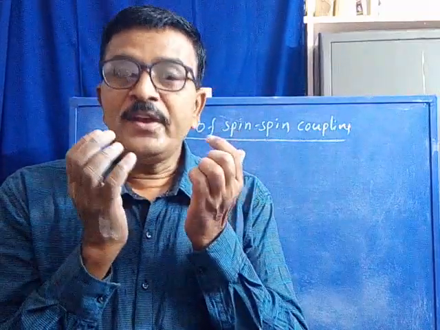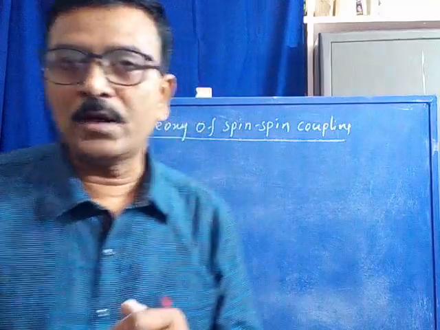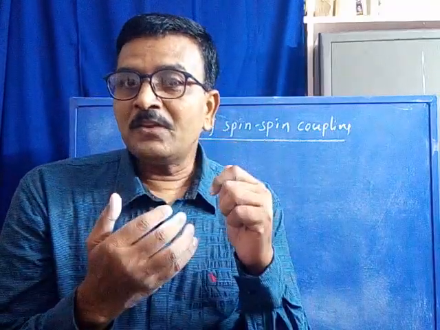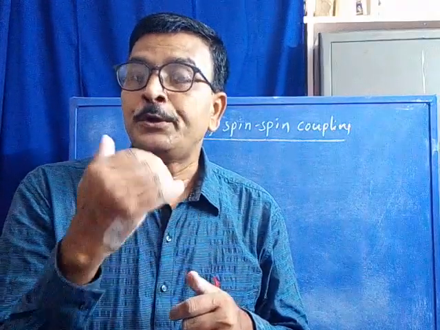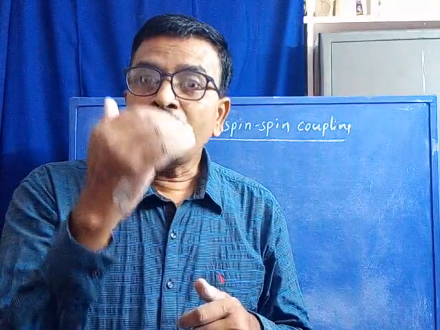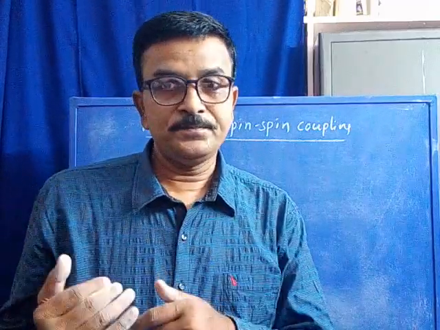Now, when a set of protons is coupled with its adjacent set of protons, are you following? When the nuclear spin of a set of protons is coupled with the nuclear spin of its adjacent set, then the adjacent set's nuclear spin may be oriented in a different way with respect to each orientation of the first set.